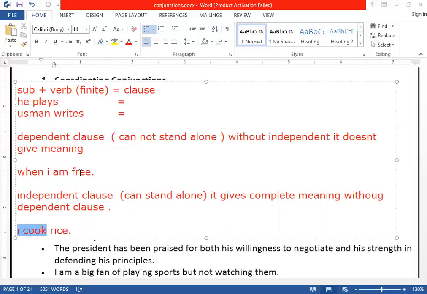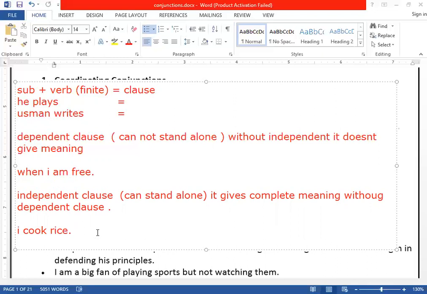But the first one, when I'm free, is called a dependent clause. Why? Because it needs more information. It does not give us complete meaning. If I say when I'm free, so what? But the second one, I cook rice, gives you meaning. If I combine both together, then the dependent clause gives meaning when combined with the independent one.